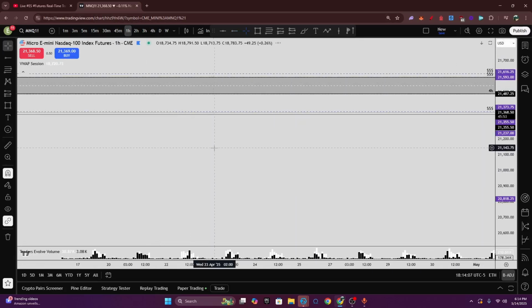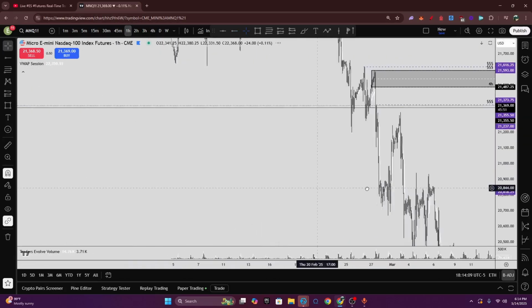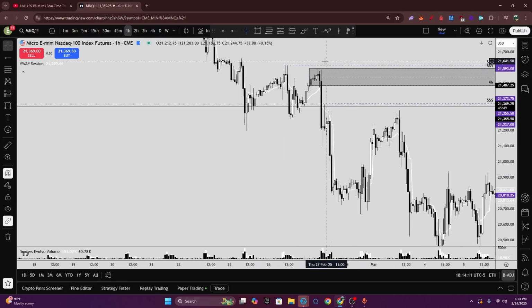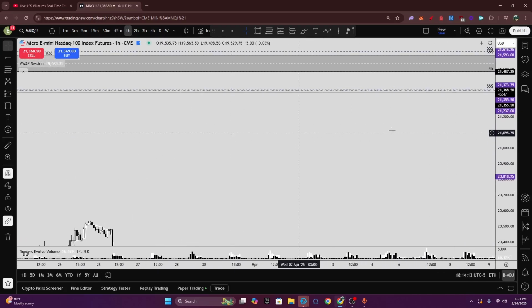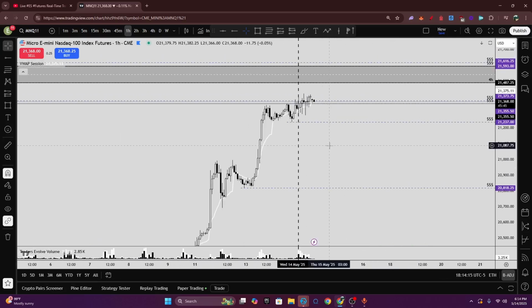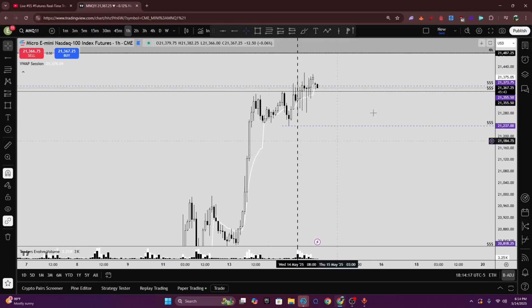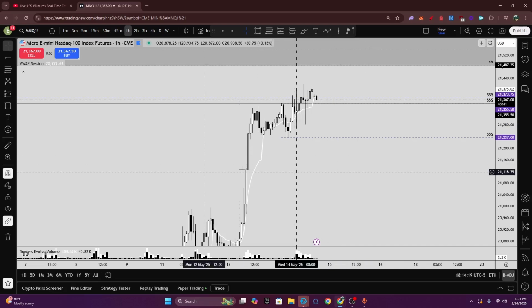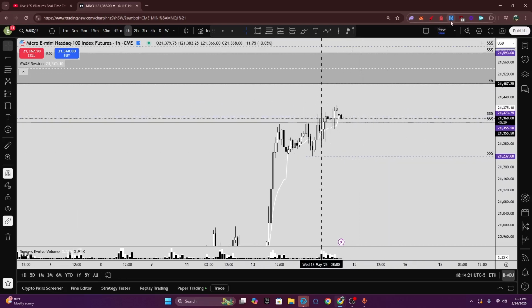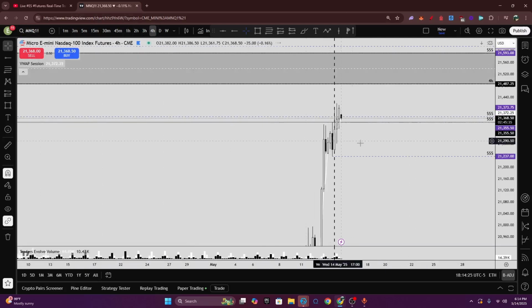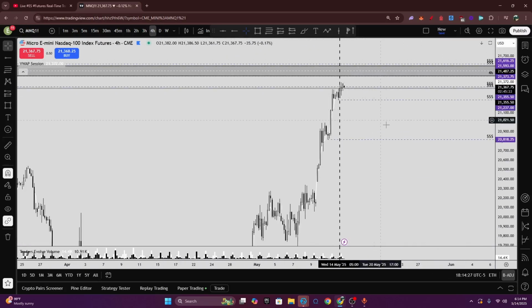Let's go into the 1 hour, see if there's anything else. Nothing there, nothing there. Let's go to here. And nothing here as well. So pretty straightforward structure. Let's go ahead and mark out volume profiles as well.